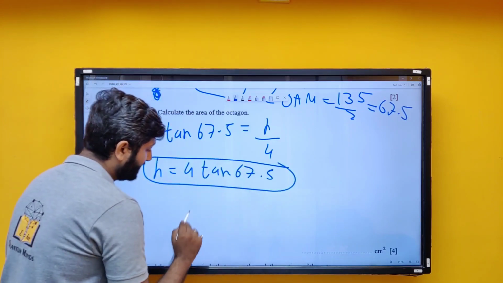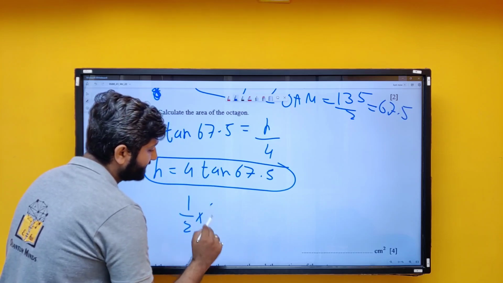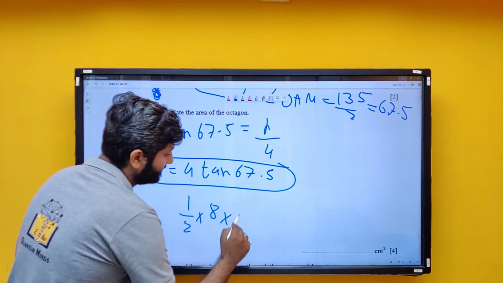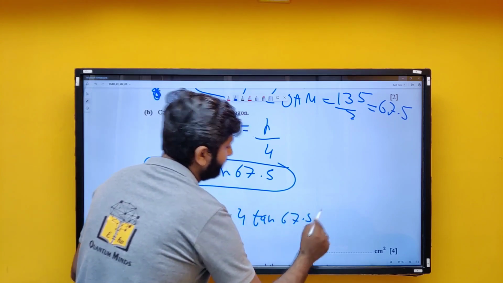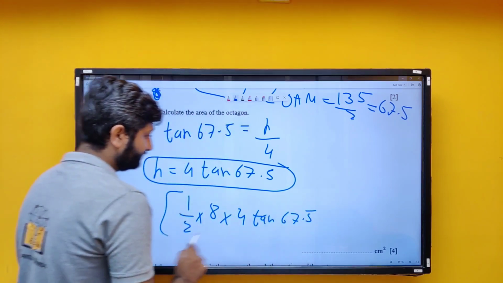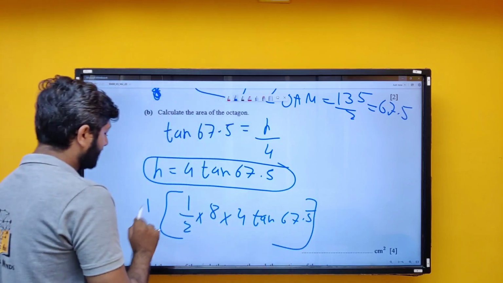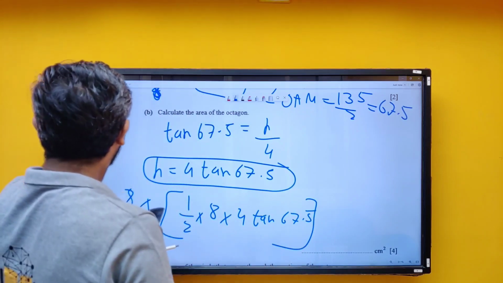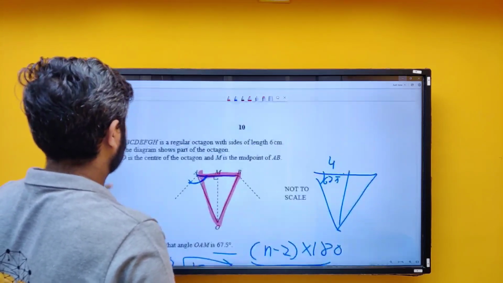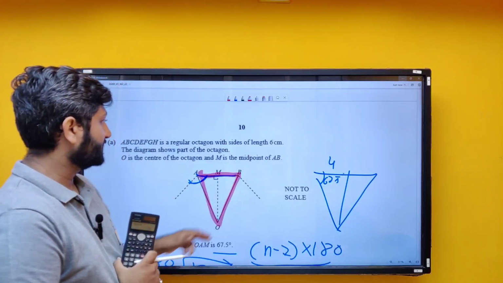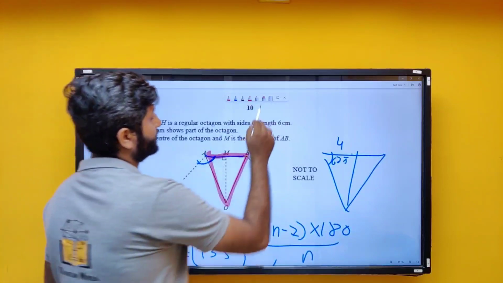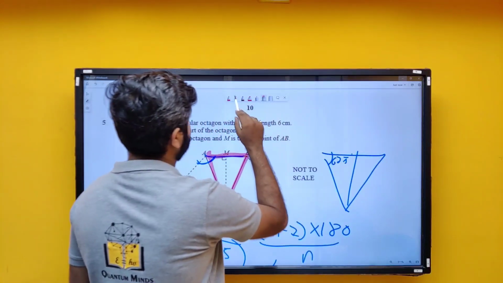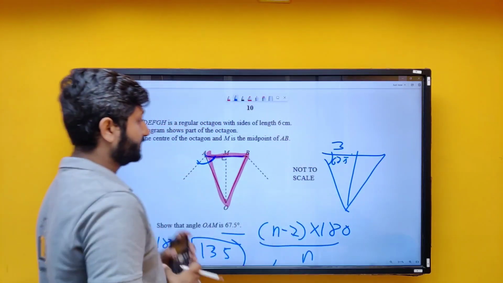So now the area of the triangle is half, base is 8, height is 4 tan 67.5. Now there are 8 such triangles in this octagon. Sorry, my mistake, the side is 6 centimeter, so this is going to be 3 centimeter.